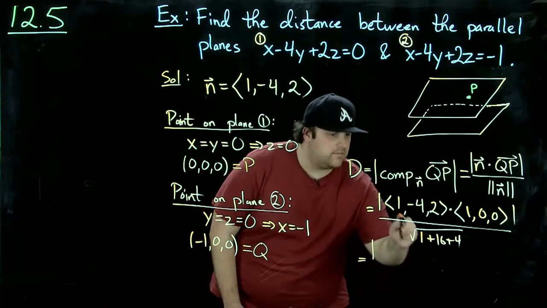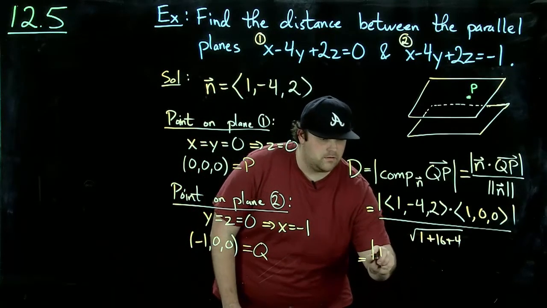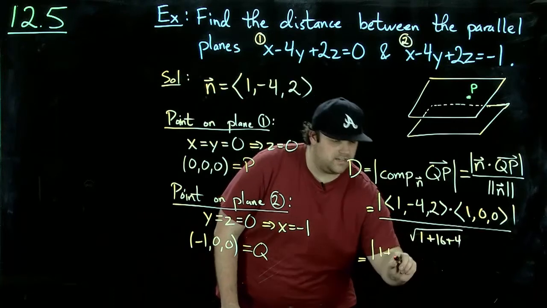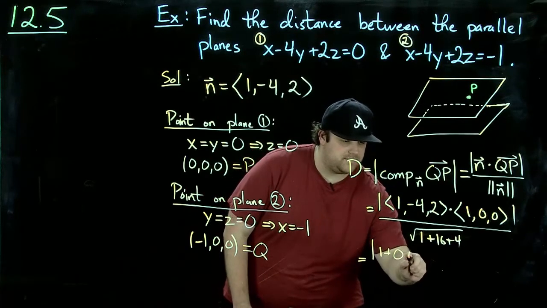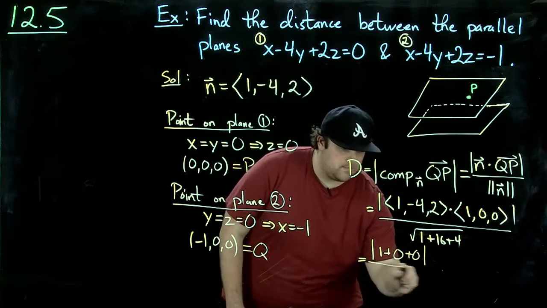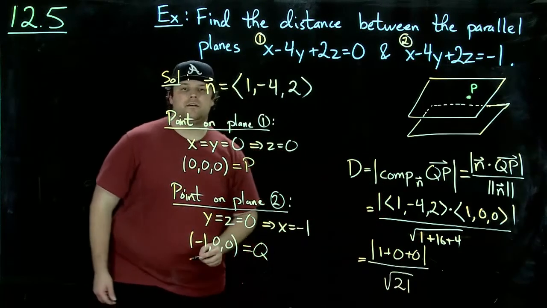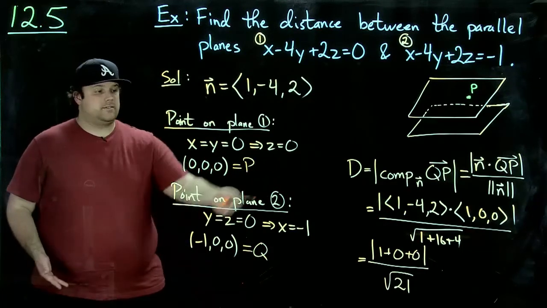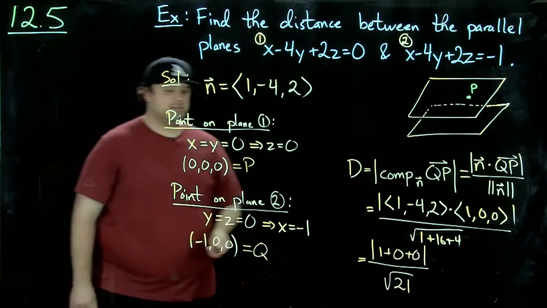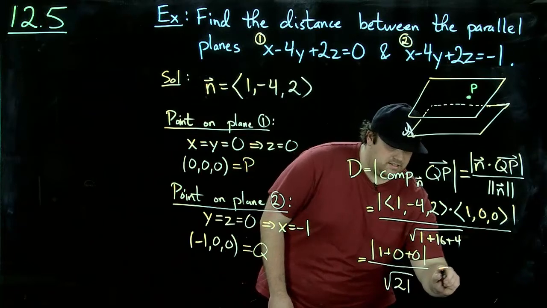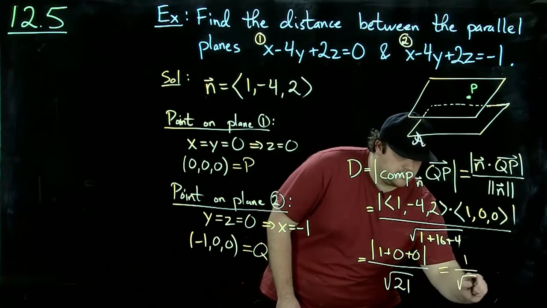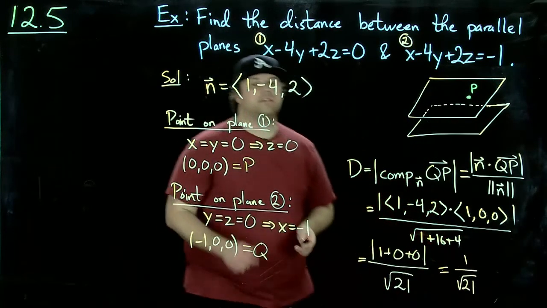The absolute value of 1 times 1 plus negative 4 times 0 plus 2 times 0, divided by the square root of 21. Well, what that means, when we actually write out what this is, is that the distance is 1 over square root 21.